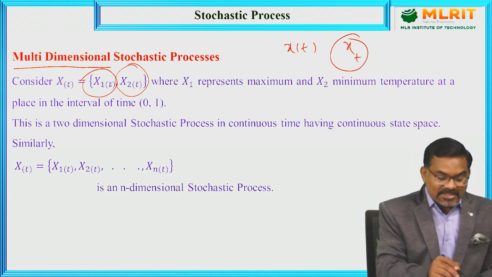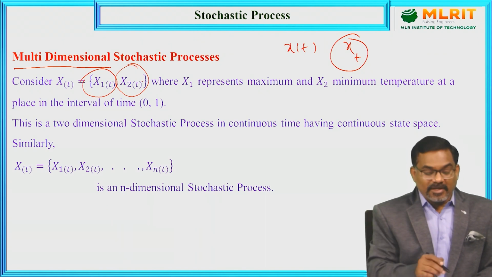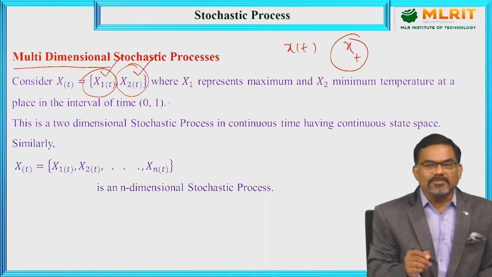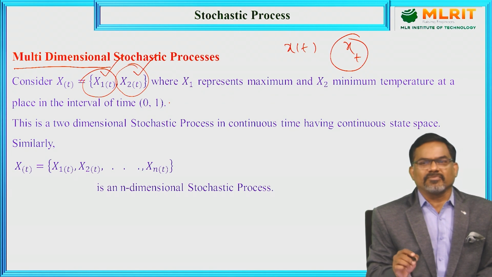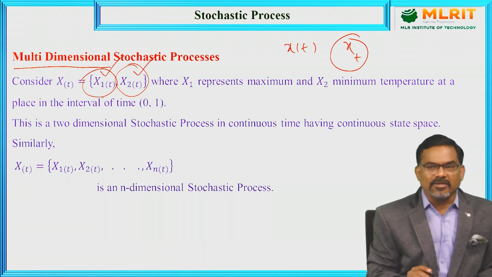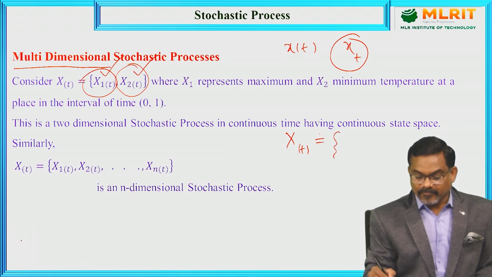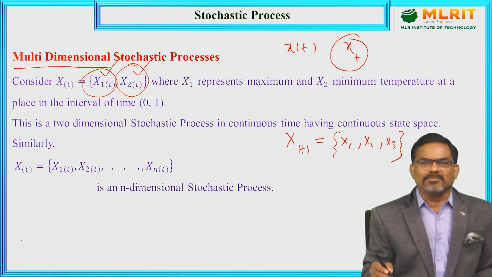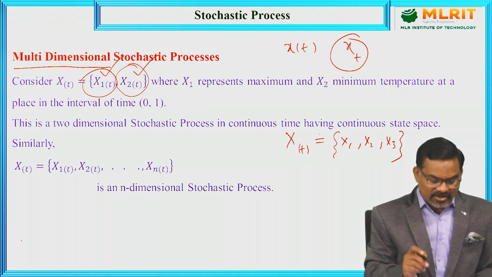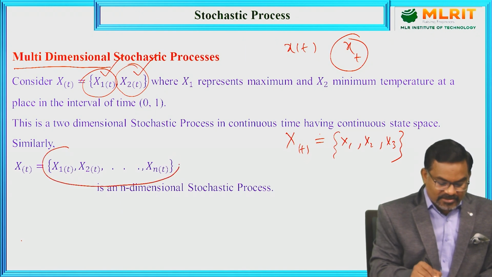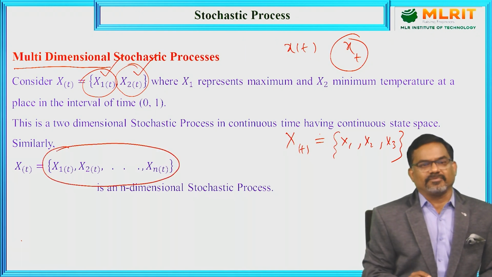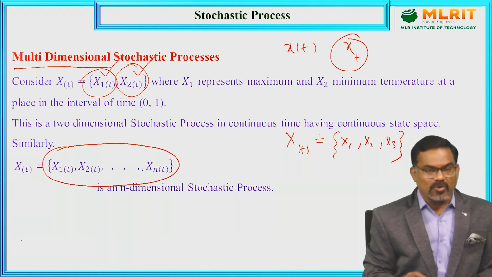Here we have two values, so this comes under the stochastic process of dimension 2. Similarly, we can define a stochastic process with three values, X1, X2, X3, and then it comes under dimension 3. So in general, n dimension means we consider n values, X1(t), X2(t) and so on up to Xn(t).